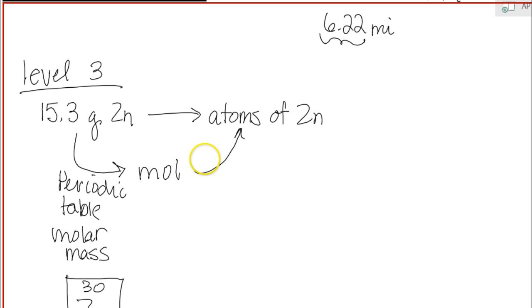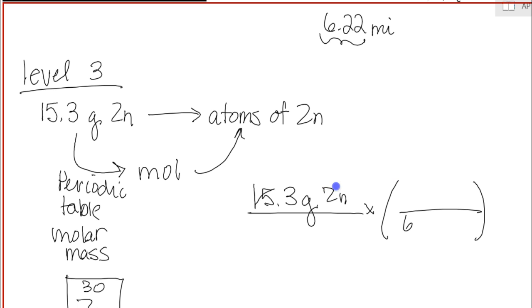So I'm going to start with 15.3 grams of zinc times my first conversion factor, 65.39 grams is 1 mole of zinc. Notice I'm always adding the atom here. I'm doing that for record keeping, so when I get to stoichiometry, I have my records. And then I'm going to say, all right, now I need to get to atoms of zinc.